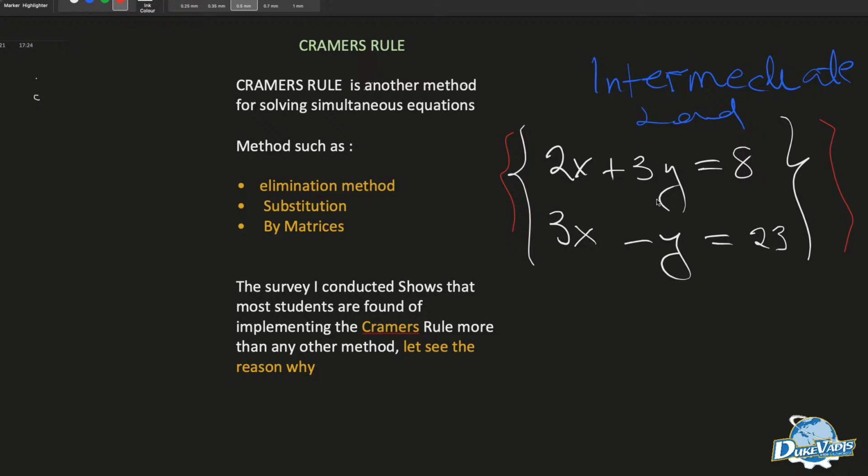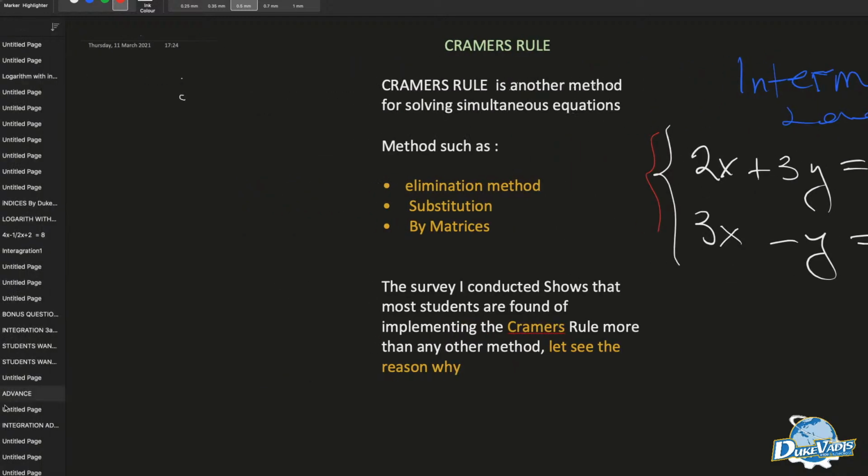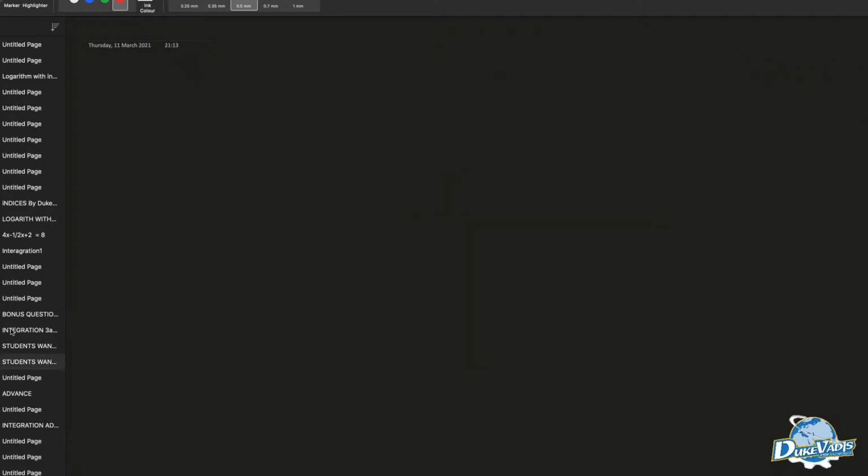You will judge for yourself, after looking at what we've done, whether Cramer's rule is the best one to solve simultaneous equations with ease. Let's go to a new page.